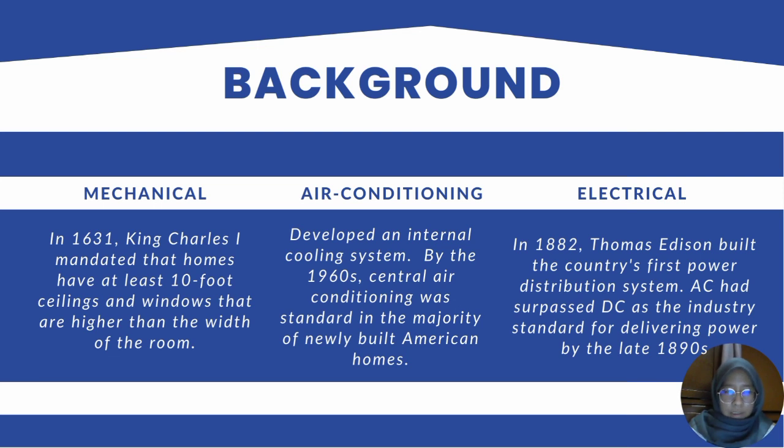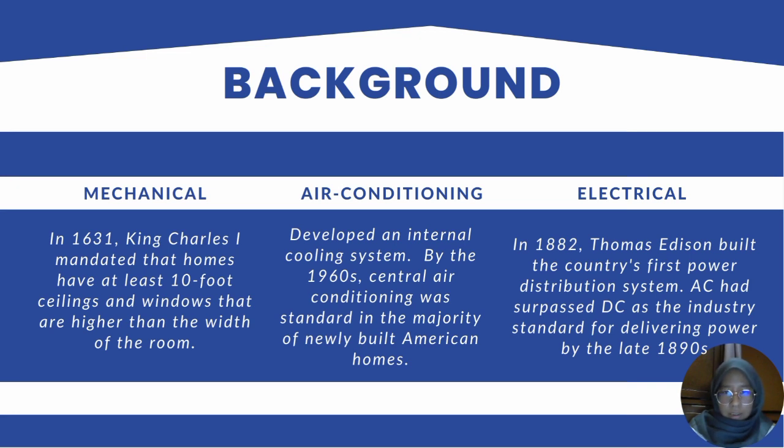Long before electricity was created, he developed an internal cooling system that entailed moving sizable slabs of ice from northern frozen lakes and streams to chill hospital rooms. He experimented with refrigeration and created a device that produced ice using steam, horsepower, or wind-powered sails. By the 1960s, central air conditioning was standard in the majority of newly built American homes.